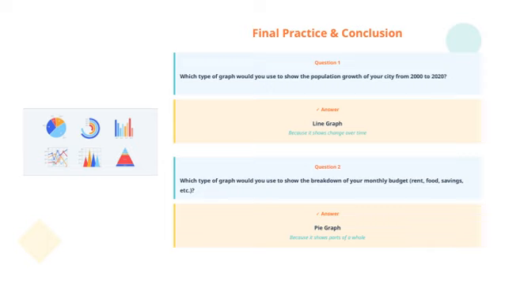Remember, choosing the right type of graph depends on what you want to communicate. Pie graphs emphasize parts of a whole, while line graphs highlight trends and changes over time. Connecting these concepts back to our overall theme, understanding which graph to use helps us present data more clearly and effectively. That's the essence of good data visualization, making complex information simple and accessible for everyone.